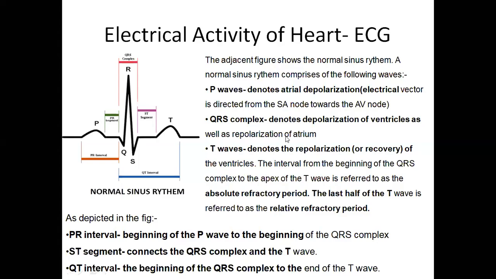So the interval from the beginning of the QRS complex to the peak of the T wave is referred to as the absolute refractory period.